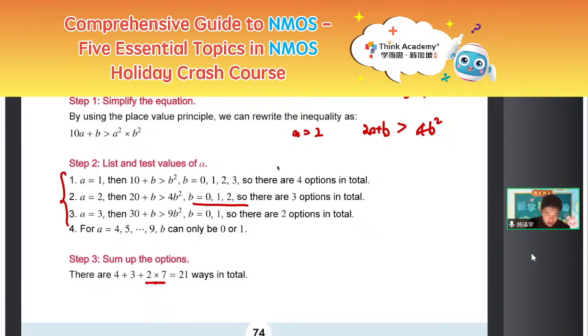Because starting from A equals 3, B can only be 0 and 1, 2 options in total.